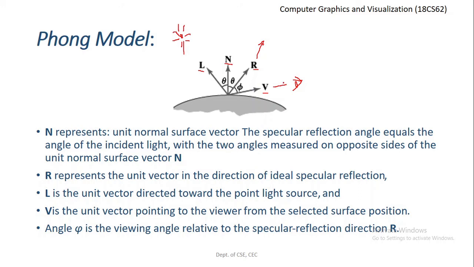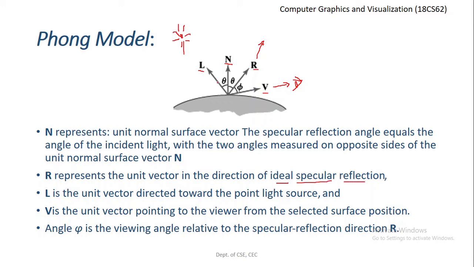So remember, in case of the Phong model, we take into account four vectors. First is the vector n, which is the unit surface normal vector, used to identify the orientation of a surface, and is always perpendicular to every point on a given surface. Then we have the second vector, the vector r, which is a unit vector in the direction of the ideal diffuse reflection. Okay, I mean the ideal specular reflection.